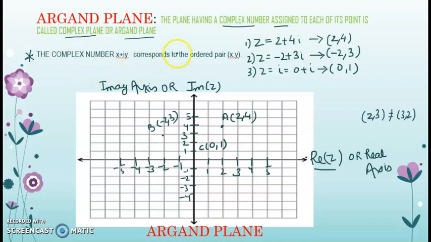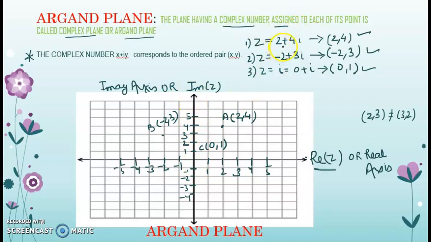So any complex number, so I have taken examples 1, 2 and 3. I have written the ordered pairs. These are the ordered pairs. Now you have to simply plot, as you plot in your coordinate geometry. Just keep in mind that this is your real axis and this is your imaginary axis.